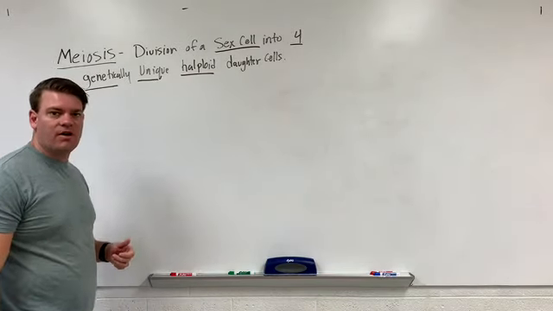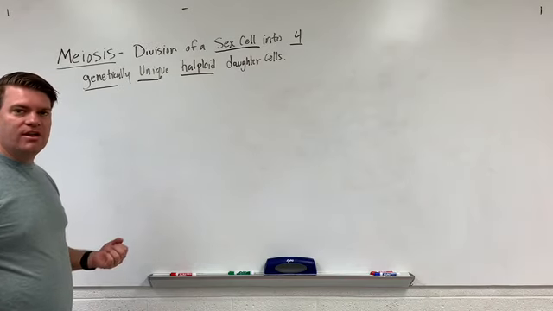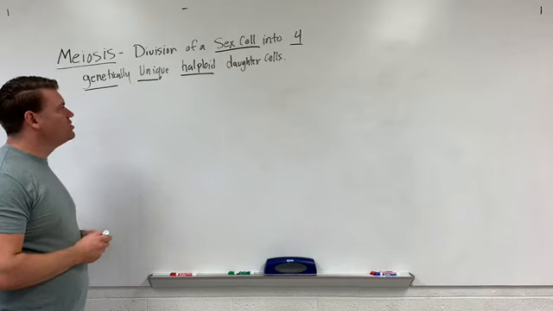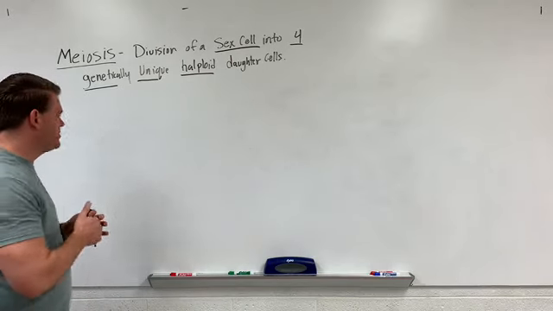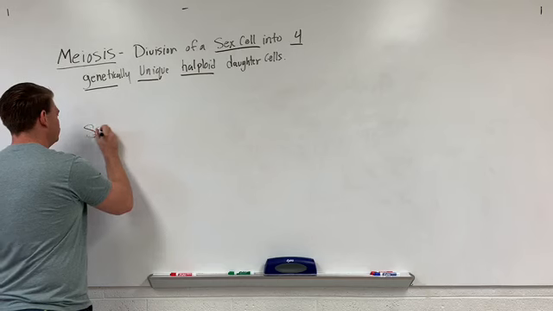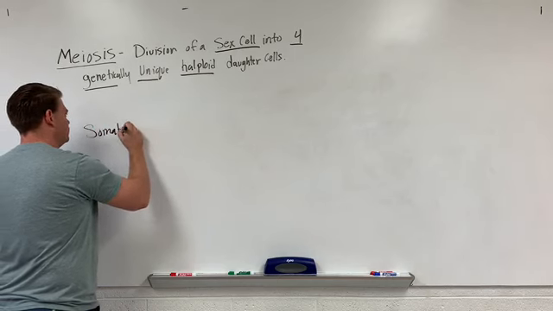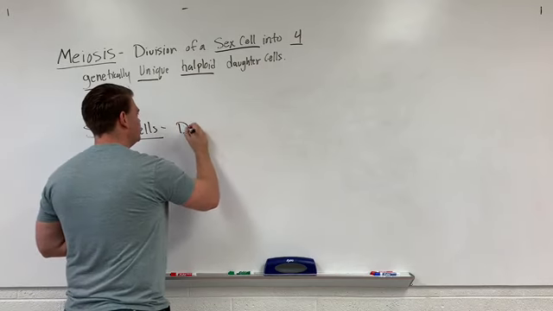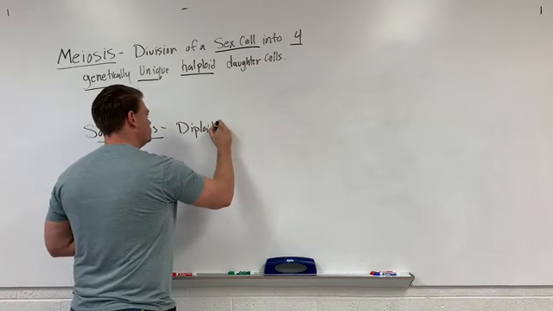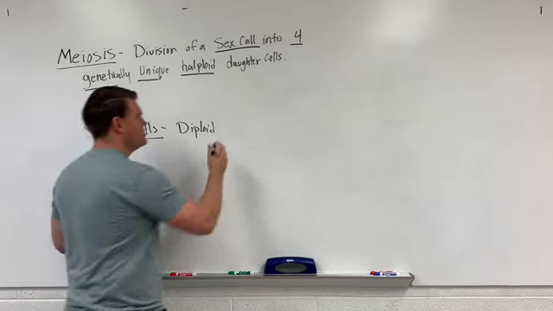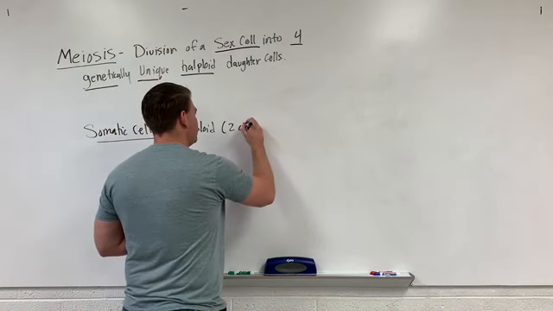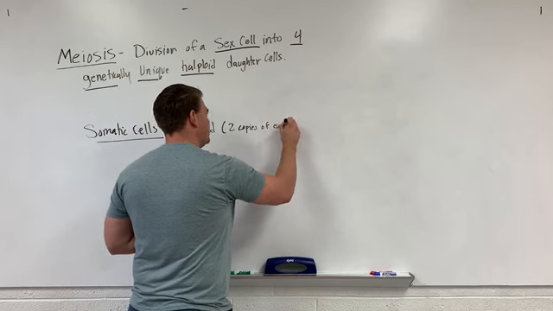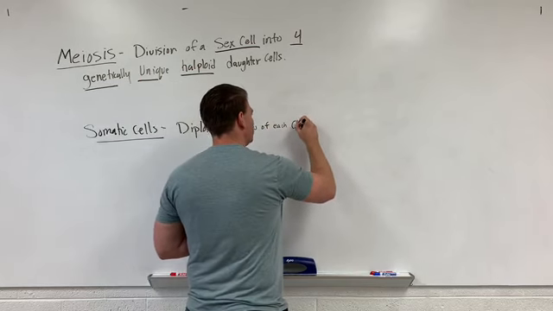So one thing we haven't talked about is our ploidy number. So our ploidy number is how many chromosomes a cell has. So our somatic cells, they are diploid. So diploid means two copies of each chromosome.